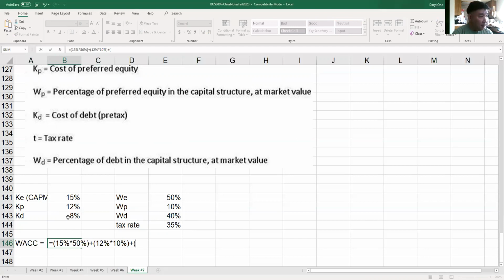And then 8% times 1 minus 35%, and then times 40%. Let me leave that up there for a second to give you a chance to write that down.